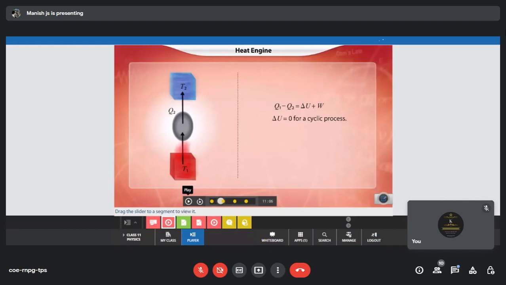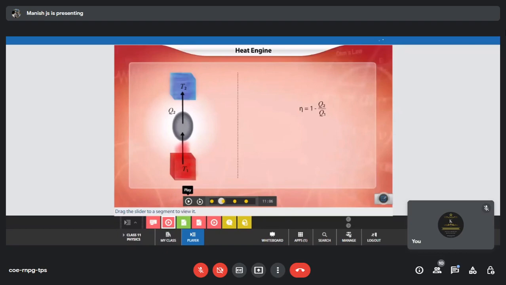So finally the equation will be Q1 minus Q2 is equal to W. So the equation gets further simplified as shown. So the efficiency of the heat engine can be written as shown. Substitute, simplify, LCM, simplify, efficiency is 1 minus Q2 upon Q1.